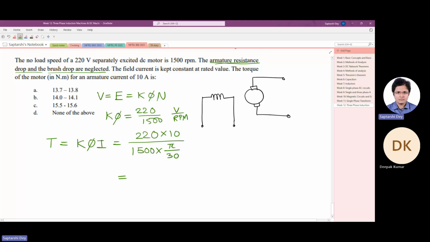So what you get is 22 by 15 times pi by 30, 14 Newton meter.